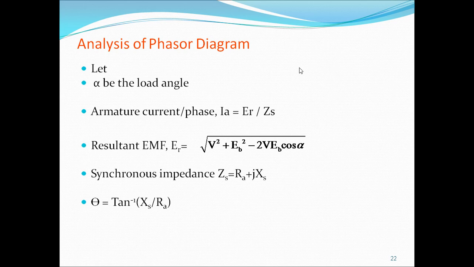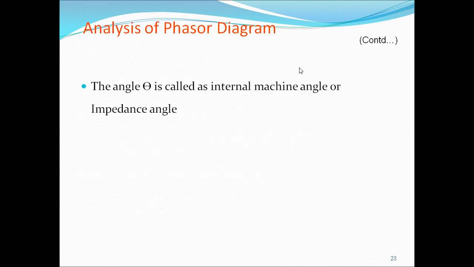And the angle theta is tan inverse of XS by RA, where XS is synchronous reactance and RA is armature resistance. The angle theta is called internal machine angle or impedance angle.